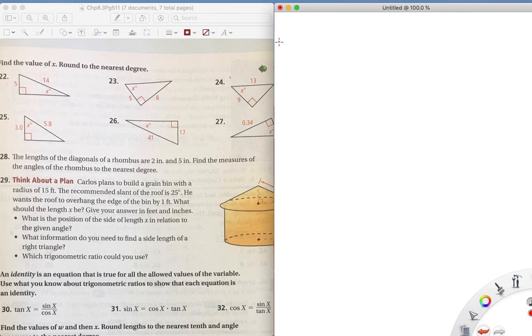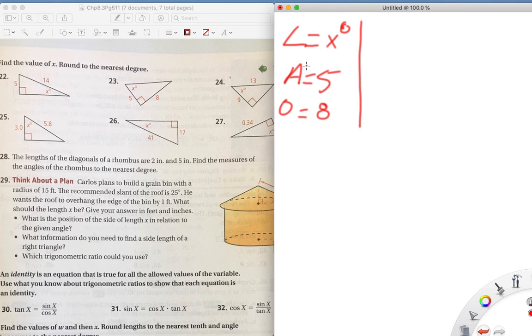23, again, we're looking for the angle, so our angle is x. If I look at 23, there is no hypotenuse, so we don't have to worry about that. The leg that's touching x is 5, so that's going to be my adjacent side. And then 8 is across or opposite of angle x, so my opposite is going to be 8.